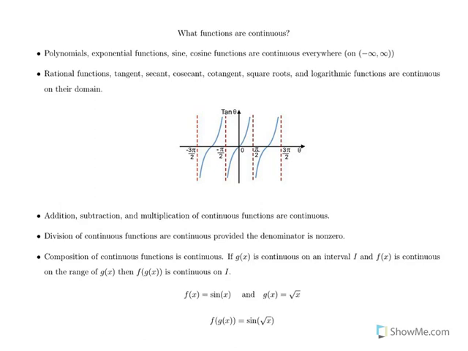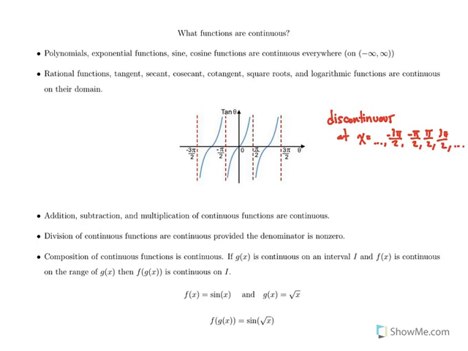And a good example of that is tangent. So tangent is continuous on its domain. It's definitely not continuous everywhere. We can say this is not continuous, or discontinuous, at x equals -3 pi over 2, negative pi over 2, pi over 2, 3 pi over 2, and there's values to the left and right forever there.